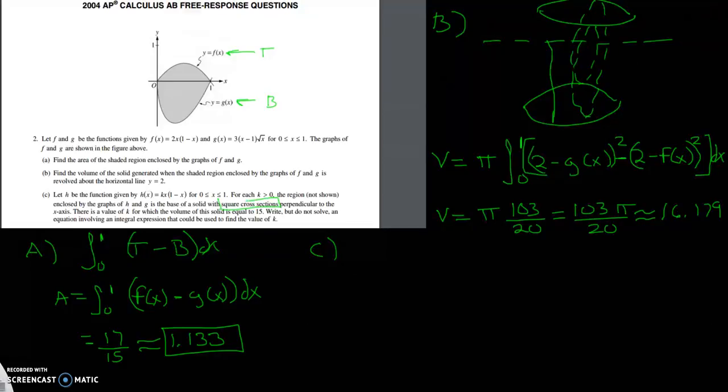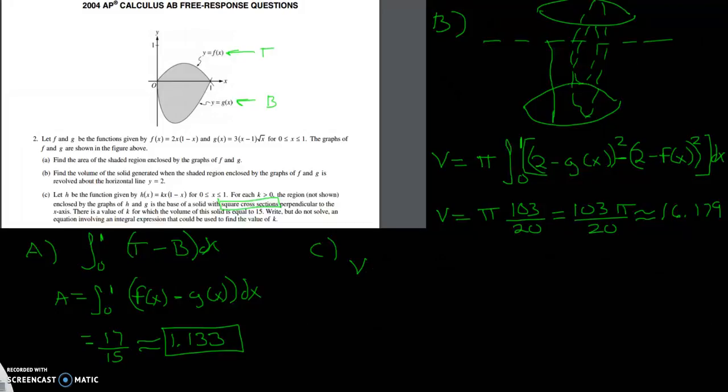Okay, so that part's important. That's even better because we don't have to do shell or change it in terms of y. There's a value of k for which the volume of the solid is equal to 15. Write but do not solve an equation involving an integral expression that can be used to find the value of k.